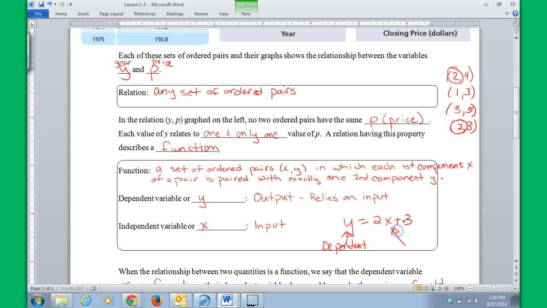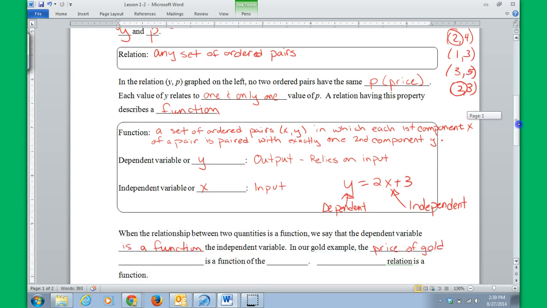And the one on the right side where all the stuff is happening to it, the input, that's the independent variable. Now, does it always have to be an x and a y? No.